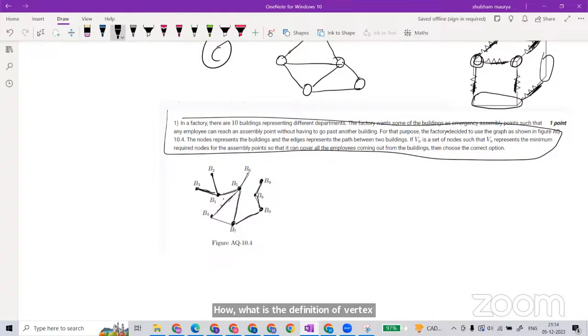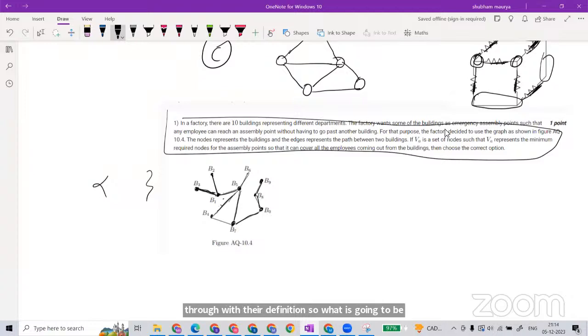Anyone who can tell? It's a vertex where you can have a view to multiple edges or maximum edges. Yes, from there we can see. Can you tell me what the vertex cover is? If anyone has gone through the definition, what is it going to be?